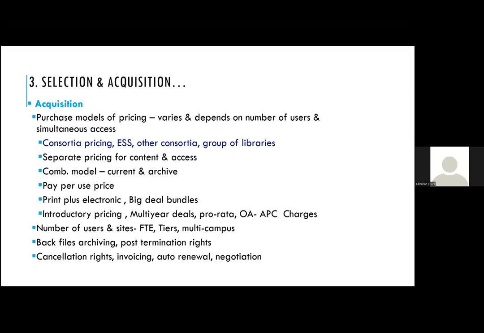And then, of course, when it comes to the pricing, there are a number of things, such as the combined model: whether you pay for current only, or for the archives as well, or you pay for a few years of back volumes, or you go for a complete archival collection. Pay-per-use is something we haven't gone in for.